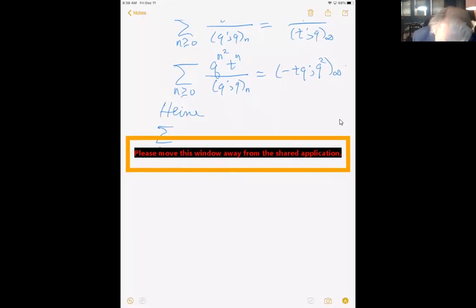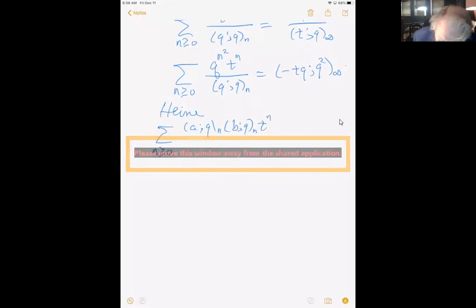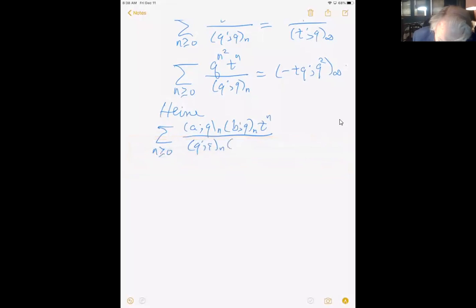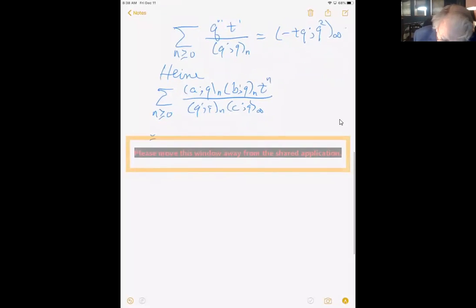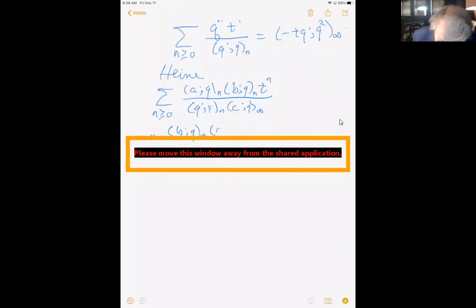So this is the summation n greater than or equal to 0. It has several of these products in it. And what it involves is relating this to another series of the same sort with a concomitant infinite series, basically multiplying times a transformed series.